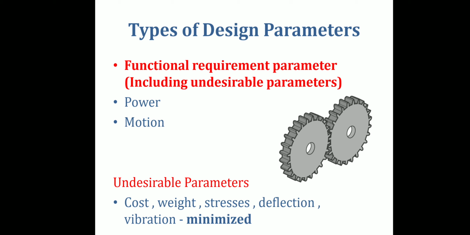In short, for the proper functioning of the machine or structure, the functional requirement parameter should be satisfied. And at the same time, while satisfying the functional requirement parameter, the undesirable parameters like cost, weight, stresses, deflection, vibrations, etc. are to be minimized.